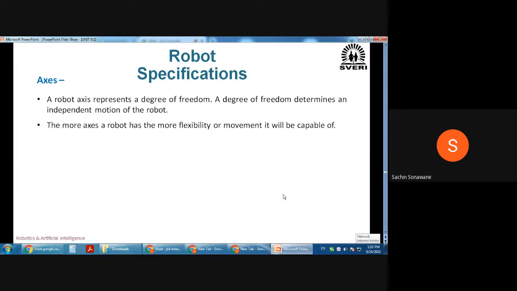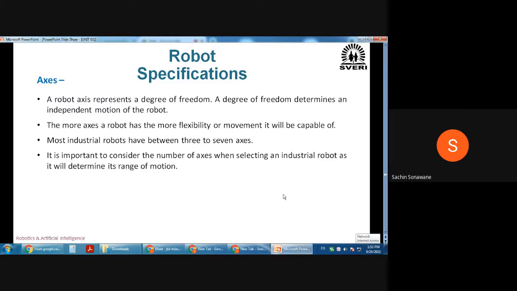The more axes a robot has, the more flexibility of movement it will be capable of. Most industrial robots have between 3 to 7 axes. It is important to consider the number of axes when selecting an industrial robot as it will determine its range of motion.